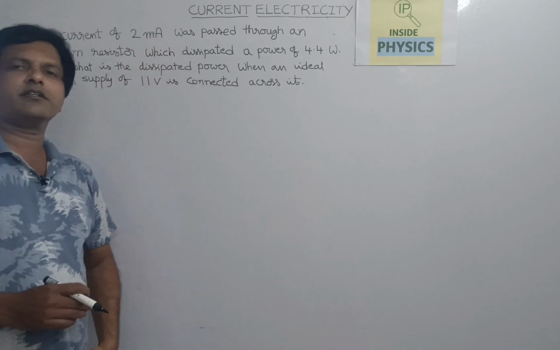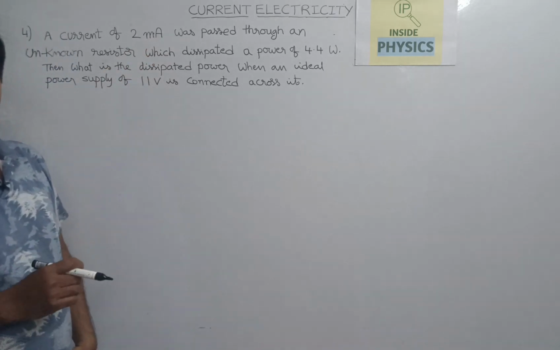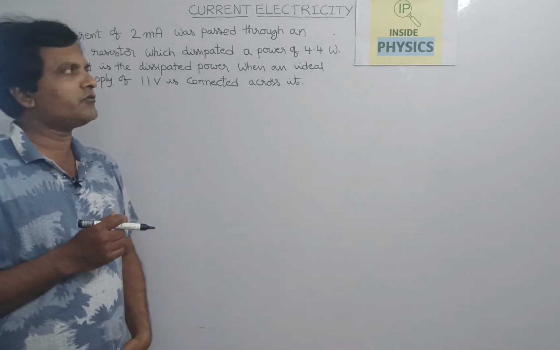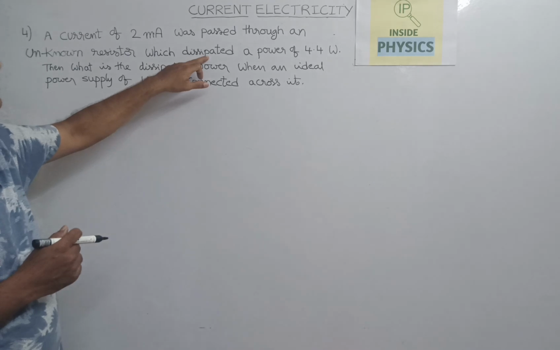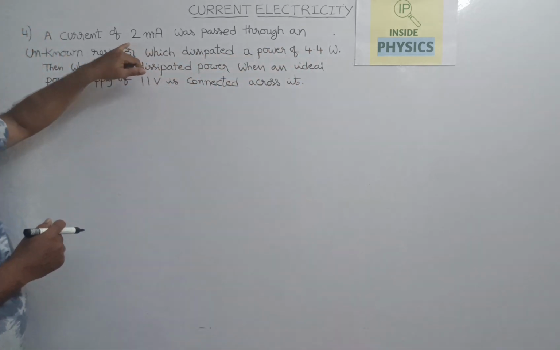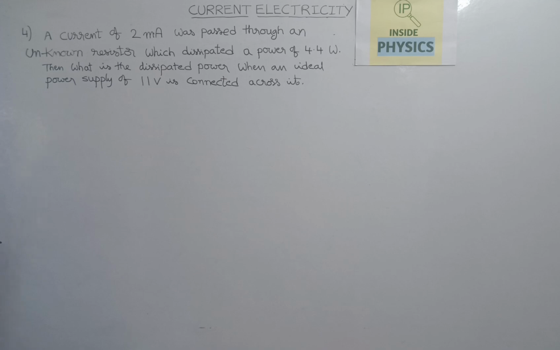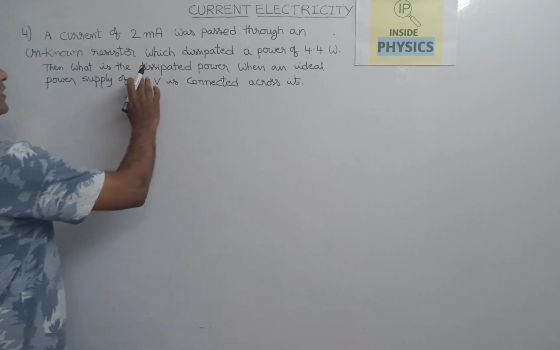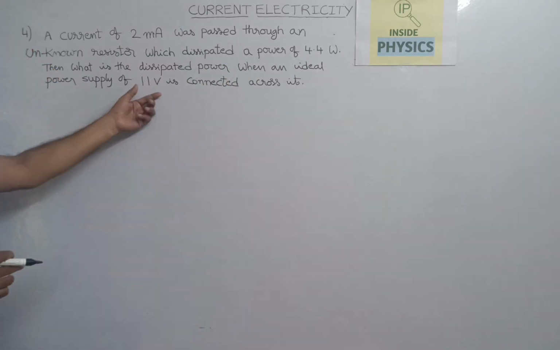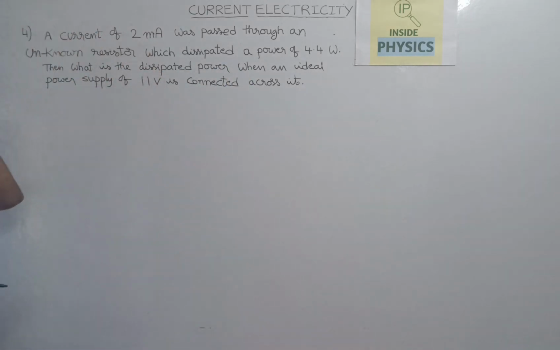Whenever there is a conductor there must be a resistance, and that resistance causes wastage of power as dissipation. That means 4.4 watts is wasted while the 2 milliamperes current is flowing through an unknown resistor. Then the question is, what is the dissipated power when 11 volts is connected across that resistor?